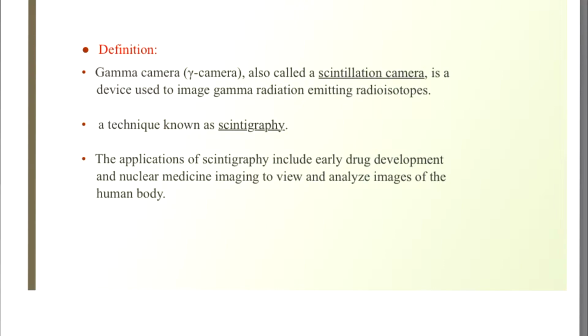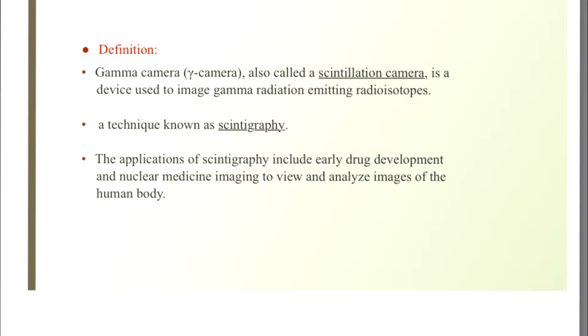Definition. A gamma camera, also called a scintillation camera, is a device used to image gamma radiation emitting radioisotopes, a technique known as scintigraphy.